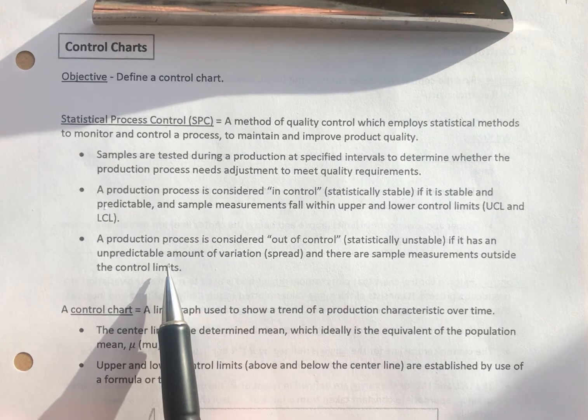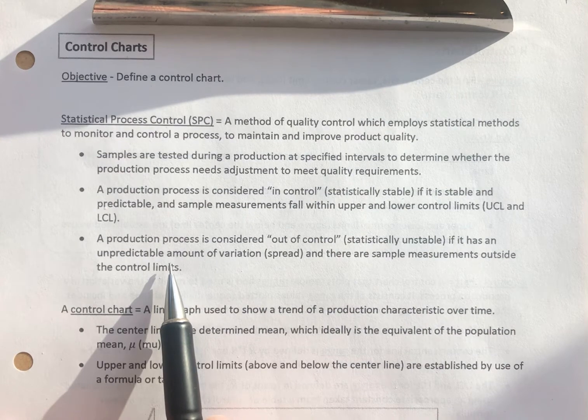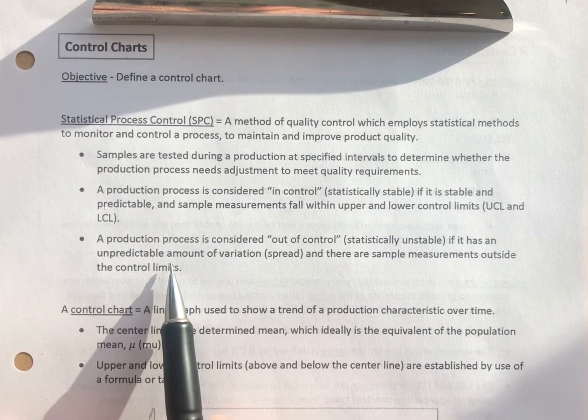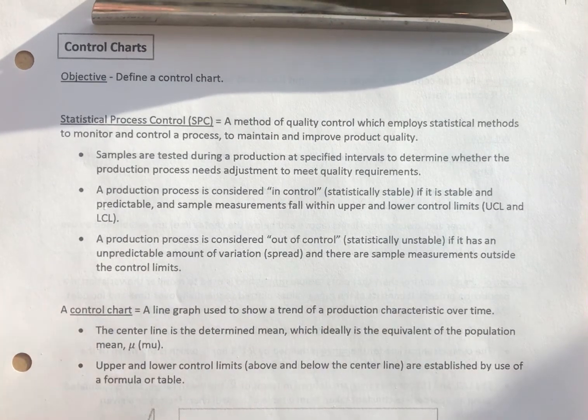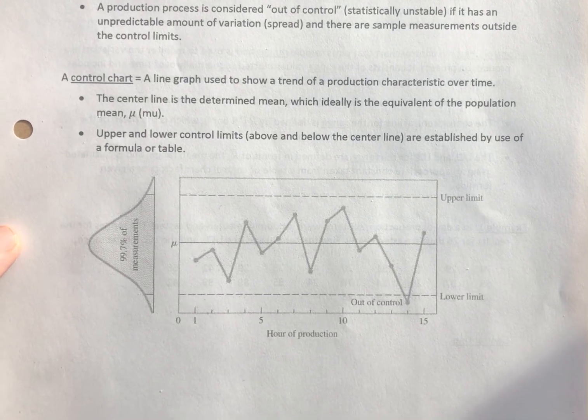If shoes are coming out that are a half inch different than your ideal size 10, that's obviously too much. That's not a size 10, and when that happens, we want to recognize that something is unstable. So we use control charts, and there are a variety of control charts that are used.